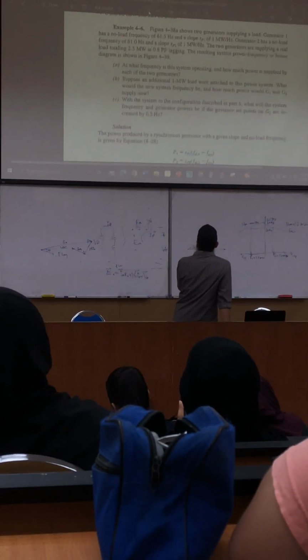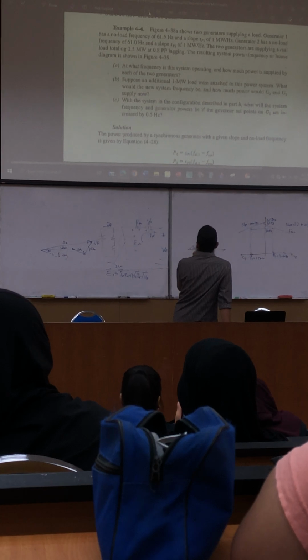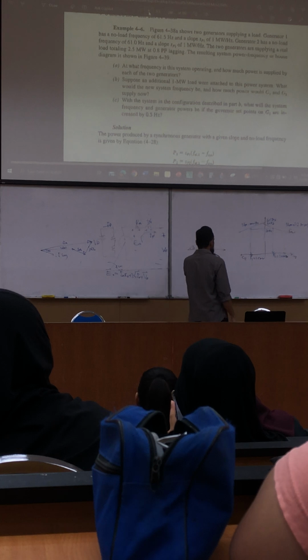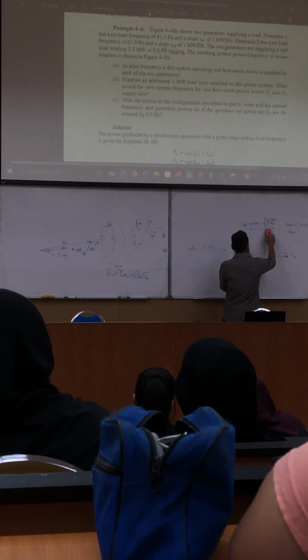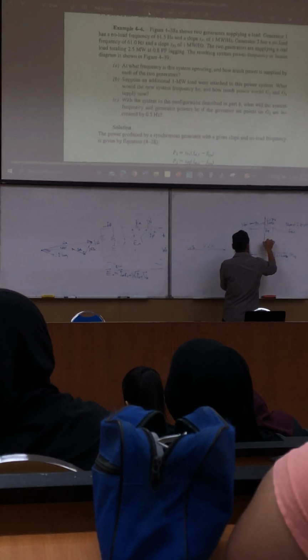So what is the frequency of the system operating? And how much power supply by each of the two generators? So we assume that we don't know yet how much the system frequency is. And so this is the frequency system that we are looking for.